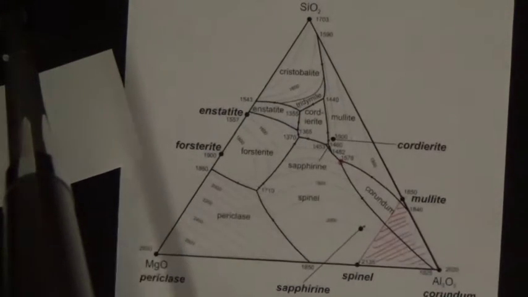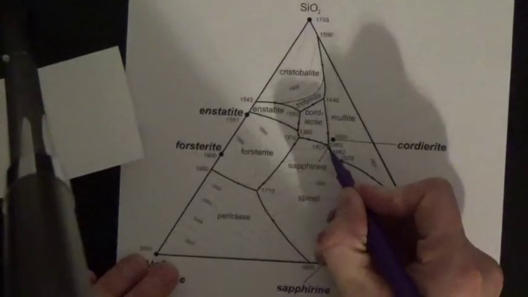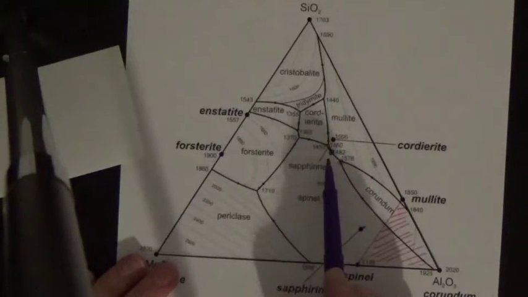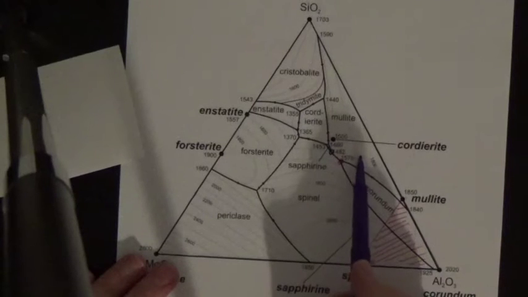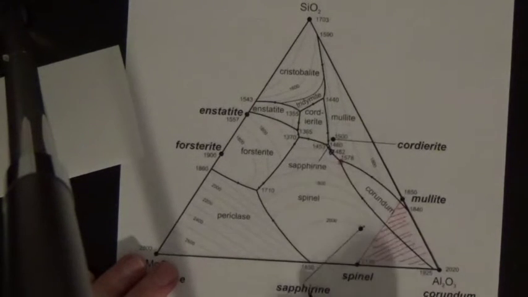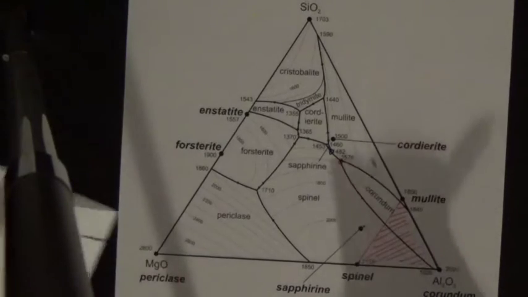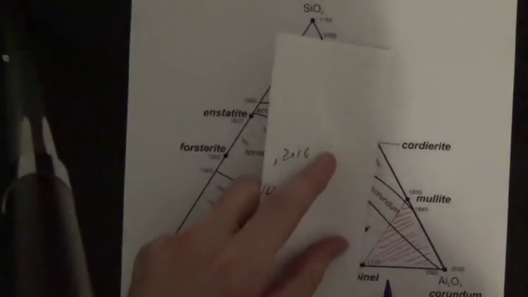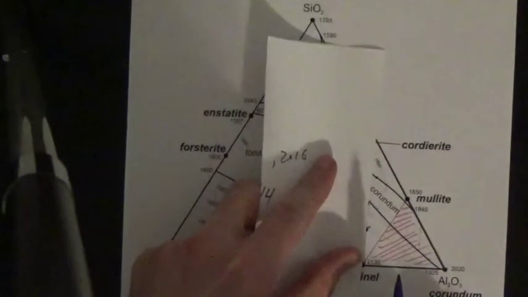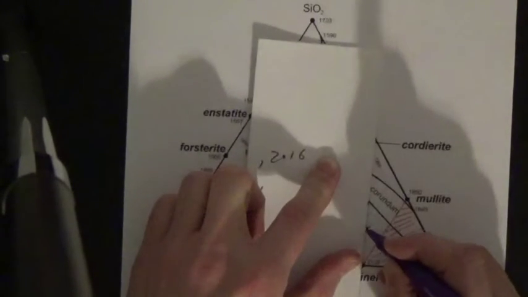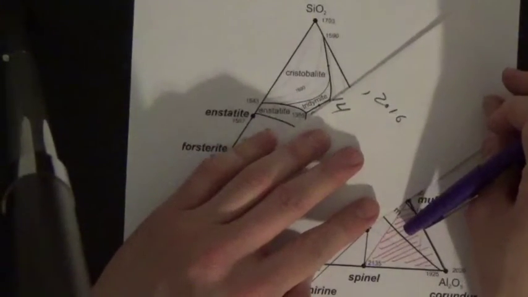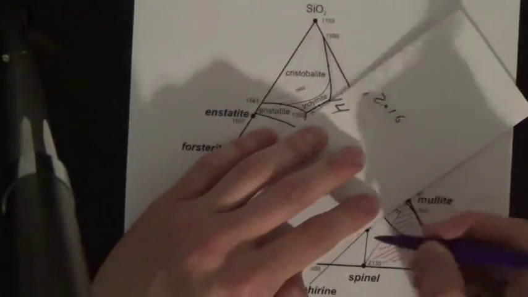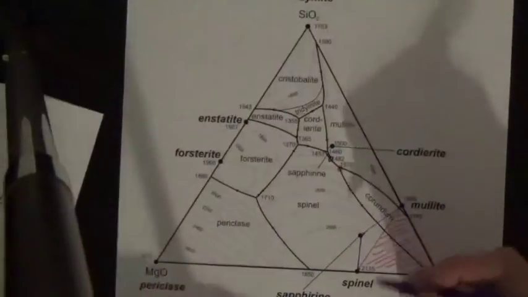But then we have another point, another eutectic right here, and that is sapphire, which is in that little tiny triangle, sapphire, mullite, and spinel. So sapphire, spinel, mullite. So we have another compositional triangle, which is this little one. It's here.